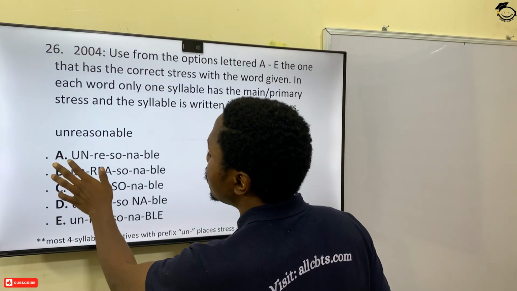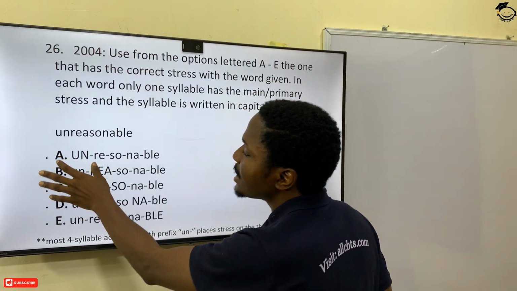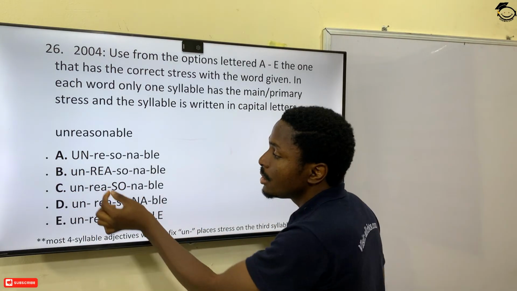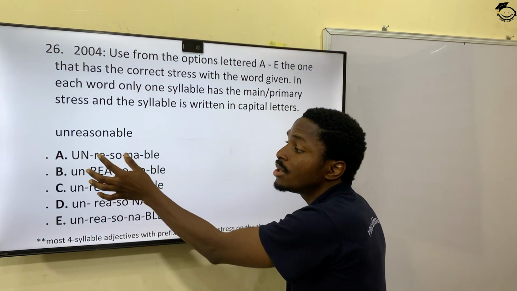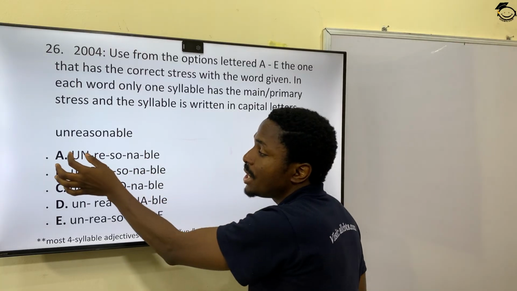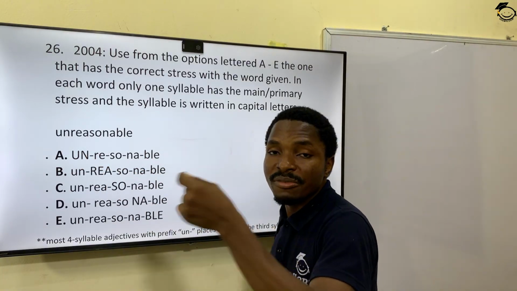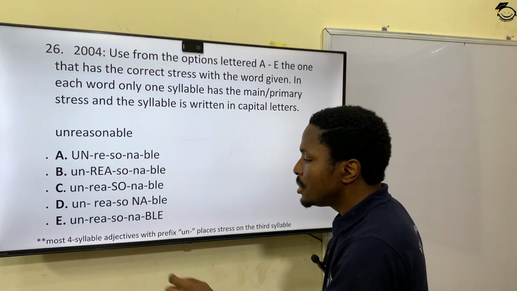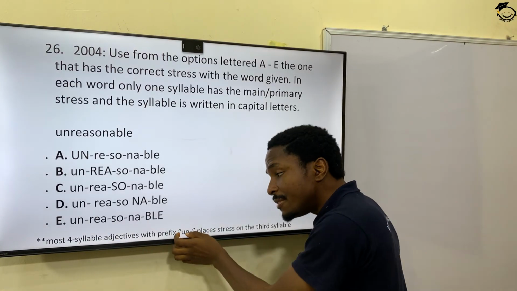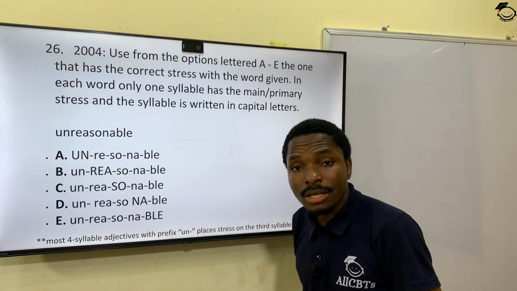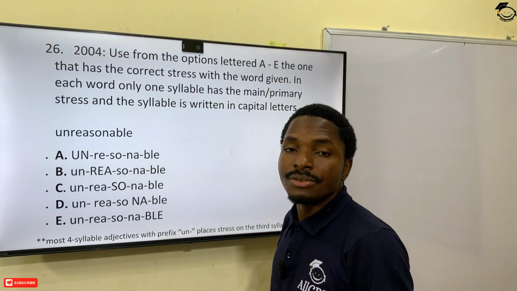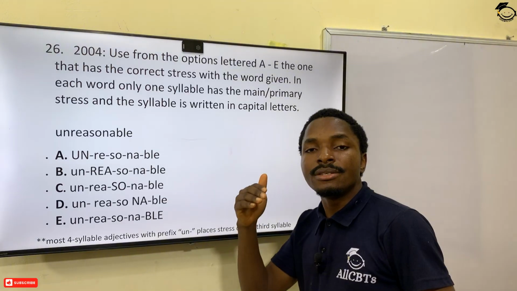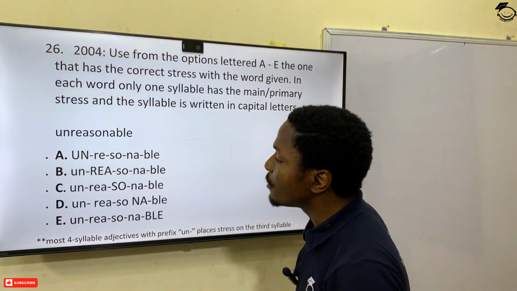Un is a prefix to the word. The word is reasonable, and then un is a prefix. That means it comes before. Why is it four-syllabic? You have 1, 2, 3, 4. Reasonable. So that's a four-syllabic word.